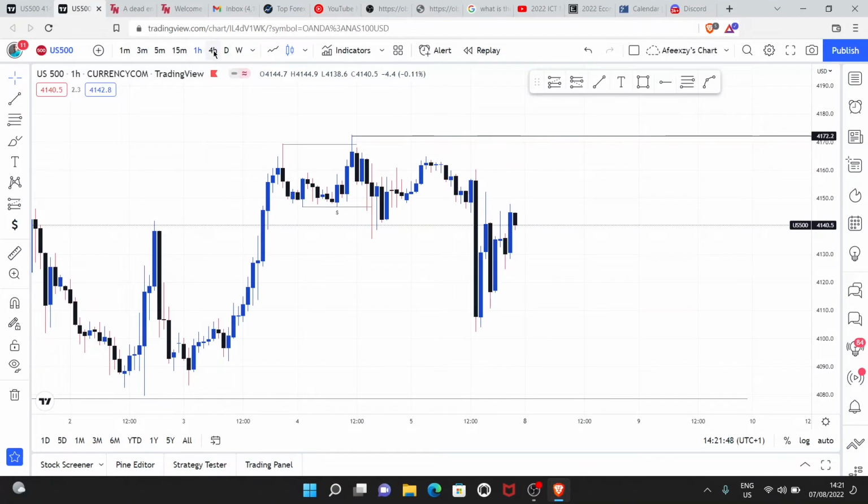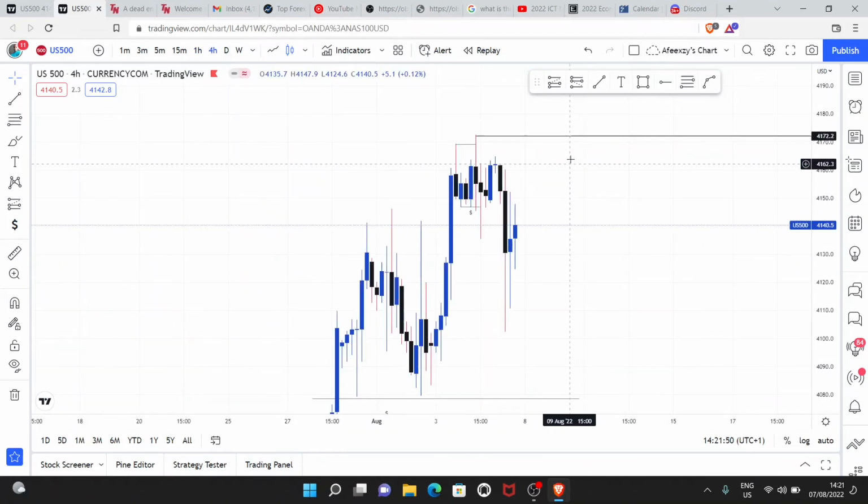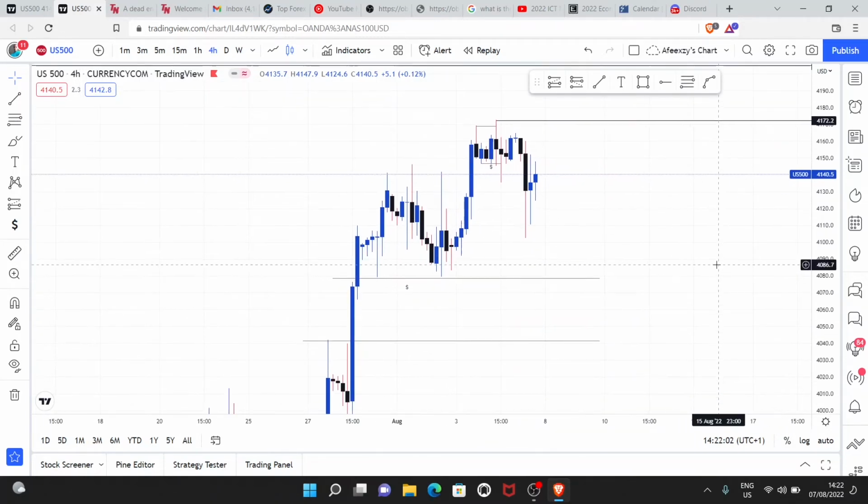So let's see what happens here. I'll be watching when it comes here. I'll be watching here as a potential continuation in a sell zone. Apart from that, I'll also be watching this zone, this fair value gap here, for a buy.